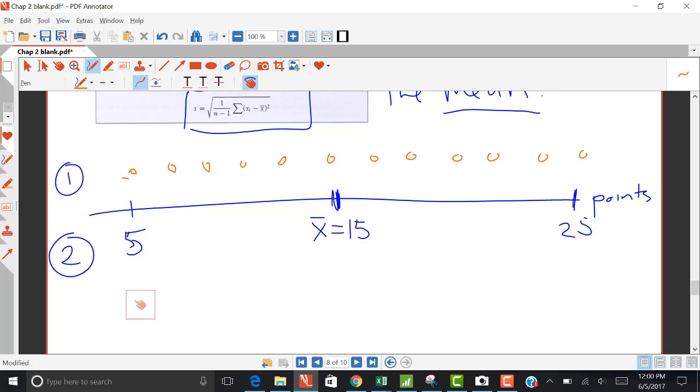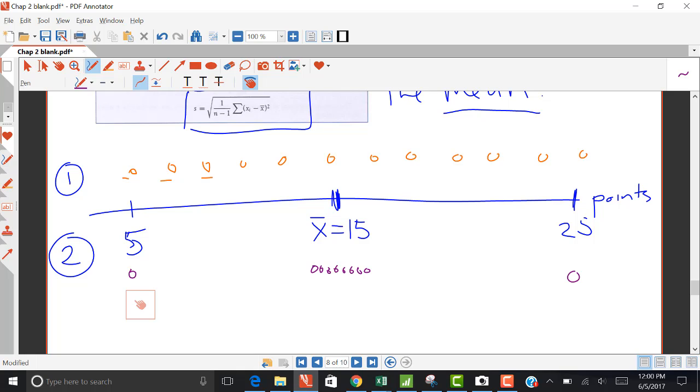So you can see in this game he scored 5 points, 7 points, 9 points. His average points per game was 15. Now let's consider another player. He had one 5-point game and one 25-point game, but the rest of his games were really close to 15. Almost all of his games were right at 15.